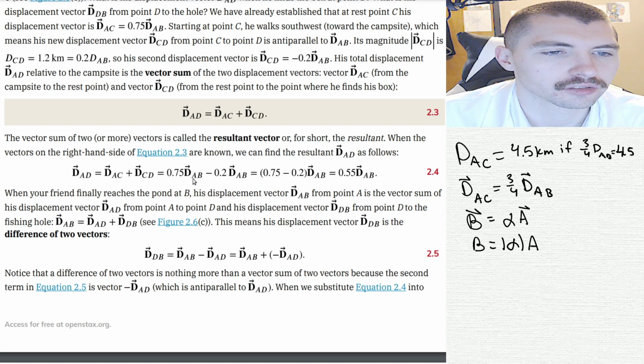So a vector this long multiplied by this constant this way plus a vector going the opposite way is scalars a minus b times AB. So you're breaking this down into just a scalar times AB.